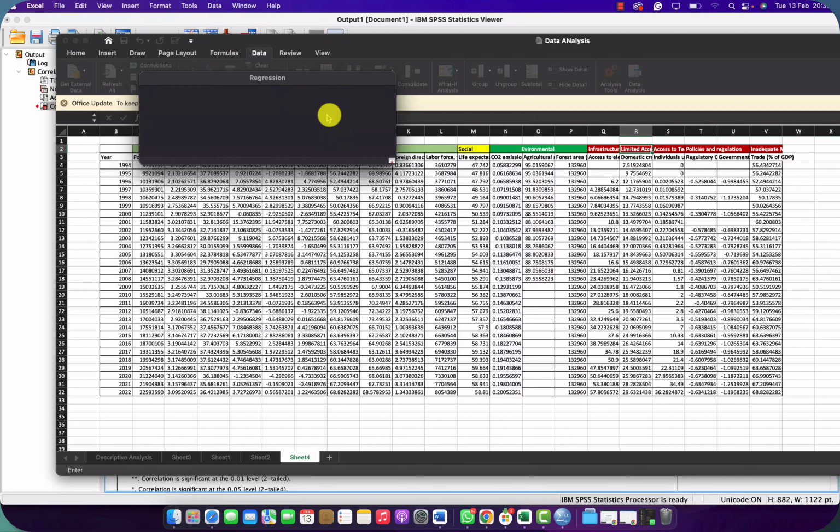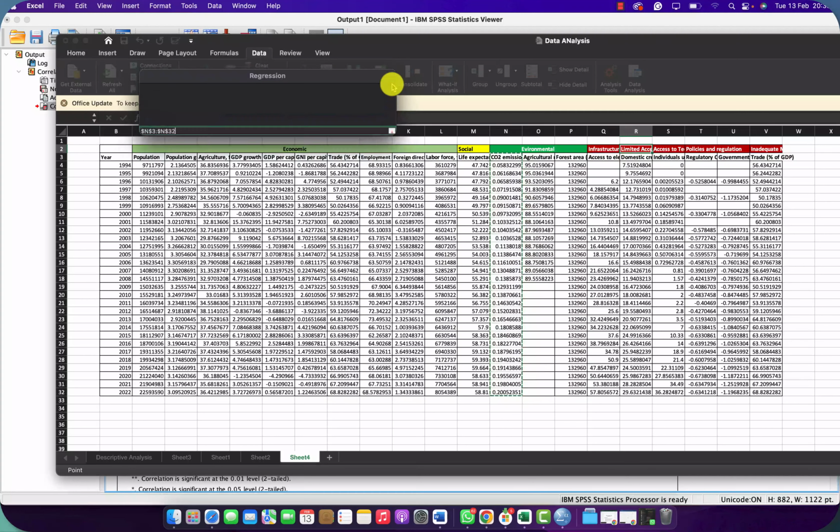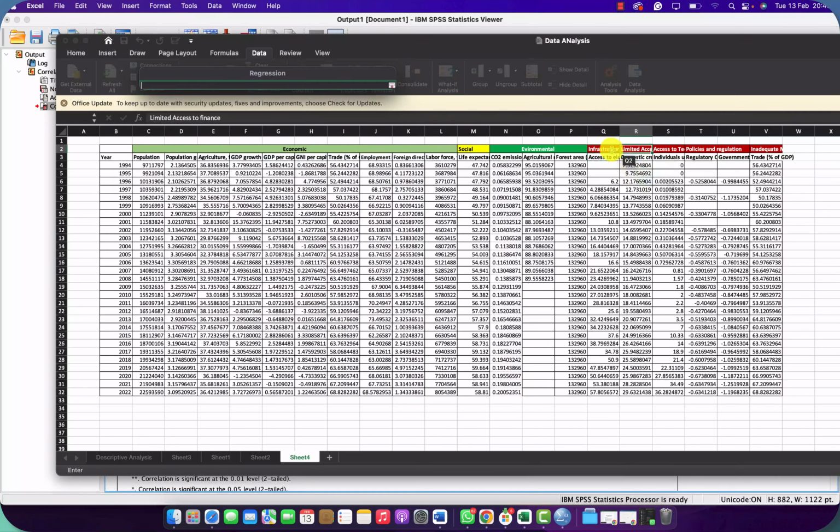So under my Y, I will only select that CO2 emission last. I'll check it back. Label is in the first row. I will input my X, which is this family, depending on which one you want to consider.